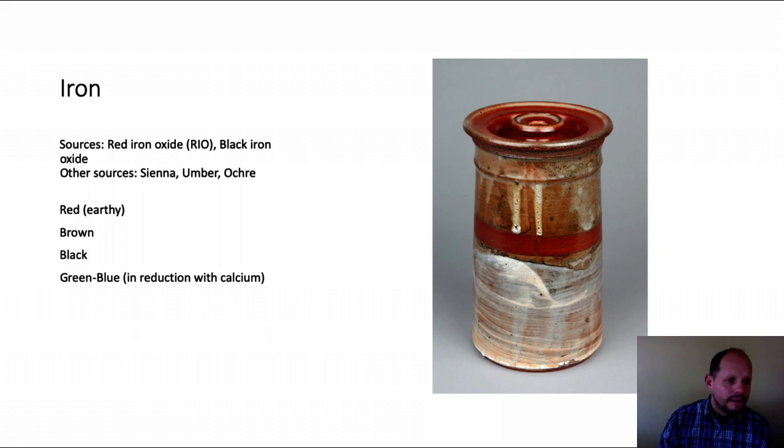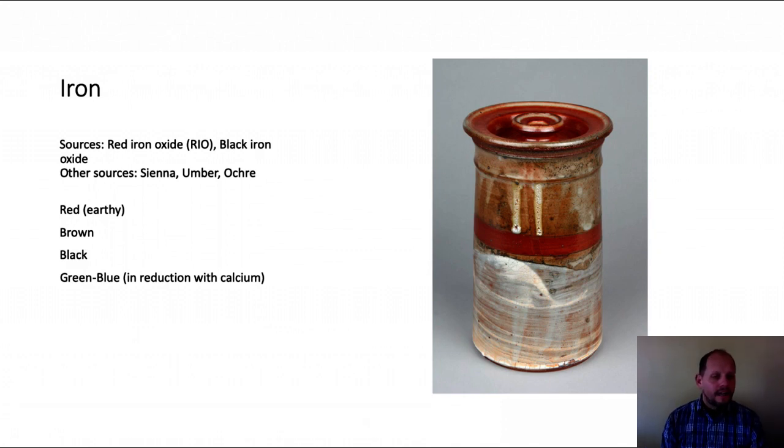Sources can be red iron oxide, black iron oxide, and again, like I said, you can color your glazes using different clays like ball clays that have traces of iron in them, including this glaze right here. The only source of the iron is from ball clay here, which promotes these kind of orange colors.